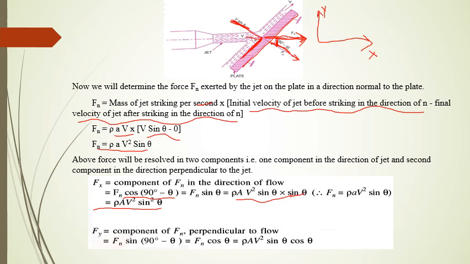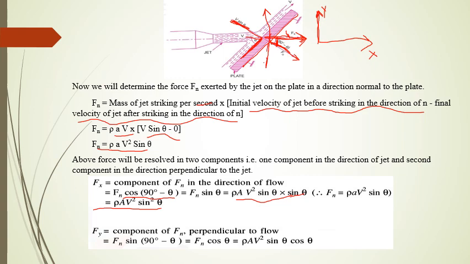And the component of force in the direction perpendicular to the jet. For the perpendicular direction, that means in this direction, this is the perpendicular direction. This is Fn cos theta.